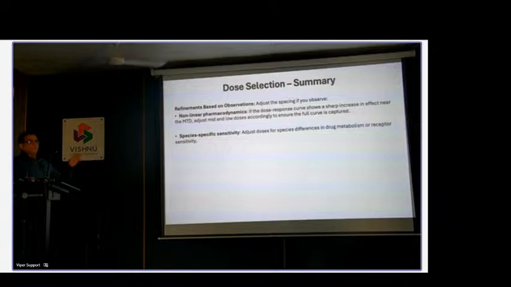When you see a single dose study, you end up with a different dose range than when you conduct the same compound study for 28 days or 90 days. There you might end up with more toxicity at lower doses. So depending on the clinical indication, you have to change your dose selection.